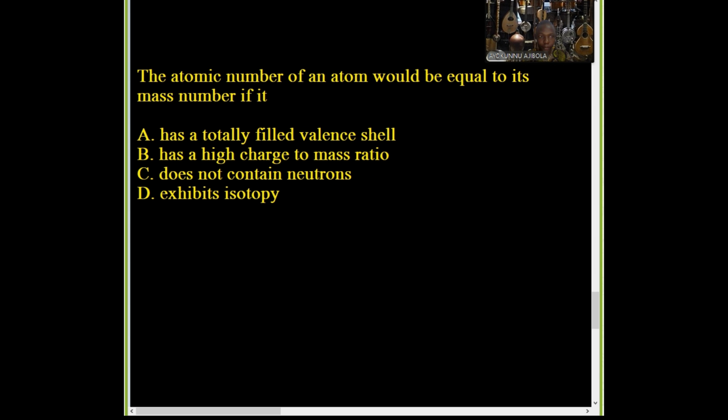The atomic number of an atom would be equal to its mass number if it has a total filled valence shell, has a high charge to mass ratio, does not contain neutron, or exhibits isotopy. Sir, D. Let's see this.